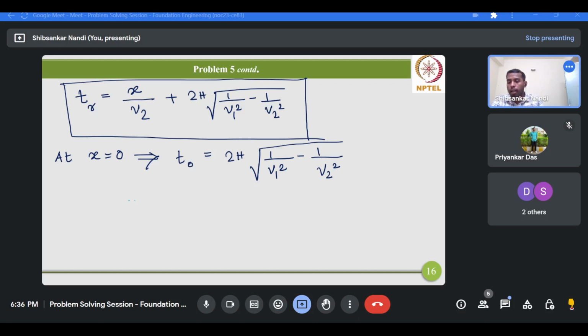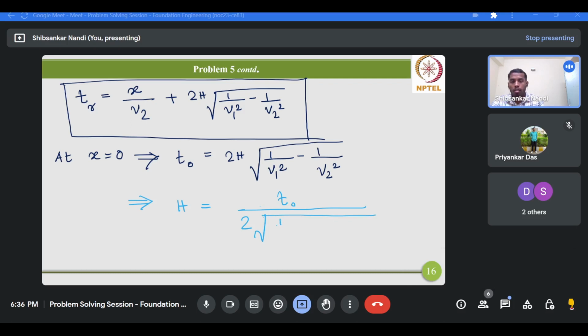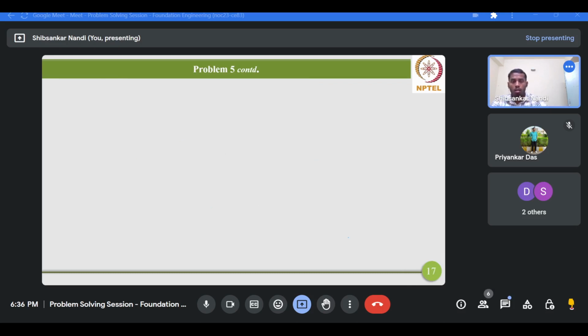Now it becomes very easy to determine the thickness h. To determine the thickness h, you just have to calculate in this fashion: 1 divided by v1 square minus 1 divided by v2 square. Now we'll simply substitute the values. 10 to the power minus 2 divided by 2, 1 divided by how much?